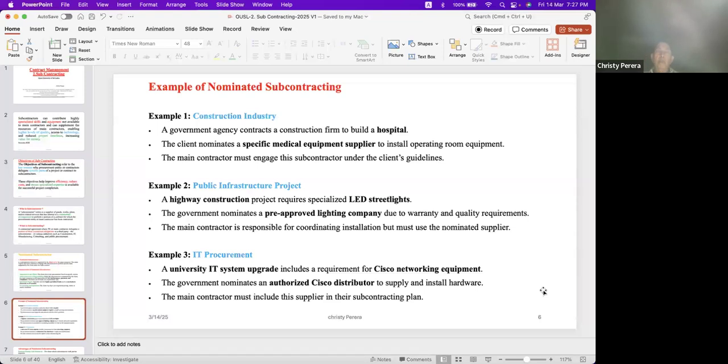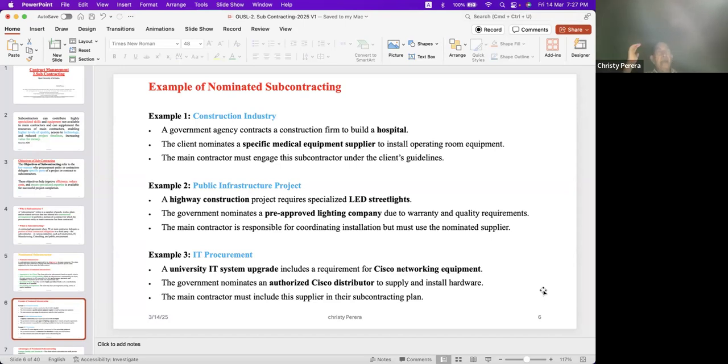Example number 2, public infrastructure project. Now say I have taken this highway. Now the highway construction project requires specialized LED street lights. I think on Sri Lankan highways you don't get street lights. Very rare. Katunayake, Negombo, some areas you get, especially if it's going over the bridges, you get street lights.